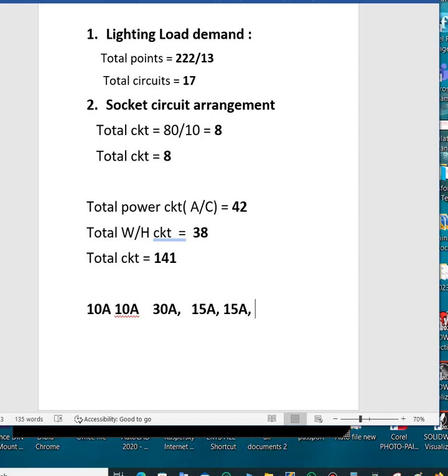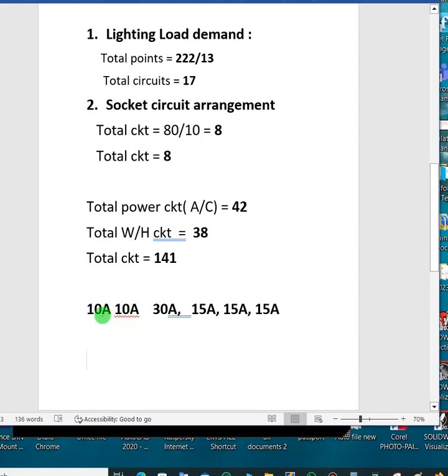So that is 5 in total. Which other one again? Let's just say this one is for lighting, this one is for ring, this is for AC, this for AC, maybe 15 again. Yes, so this is 6.